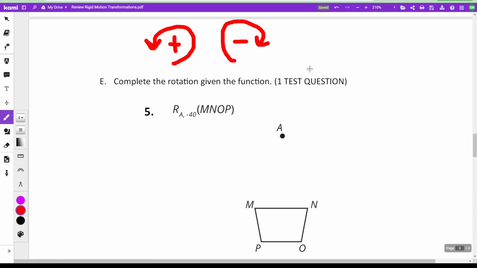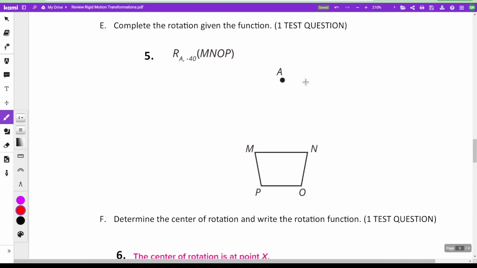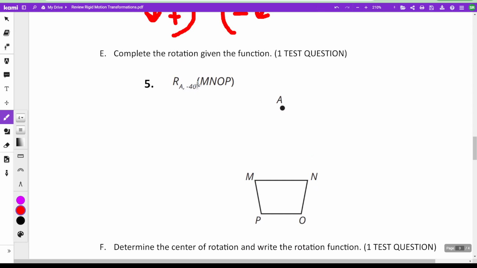So counterclockwise, clockwise; positive, negative. So here it's saying to rotate negative 40 degrees. This is the center of rotation, so we're going to be rotating in this direction, about A.